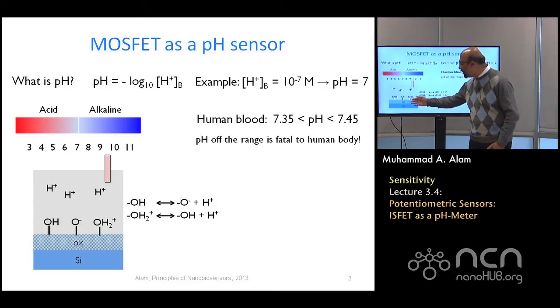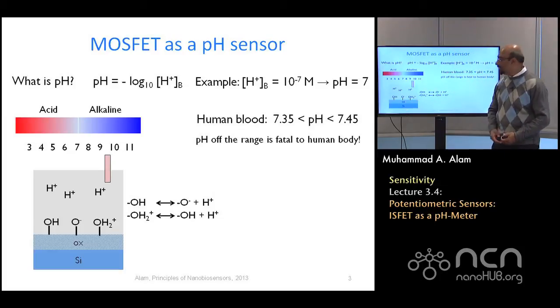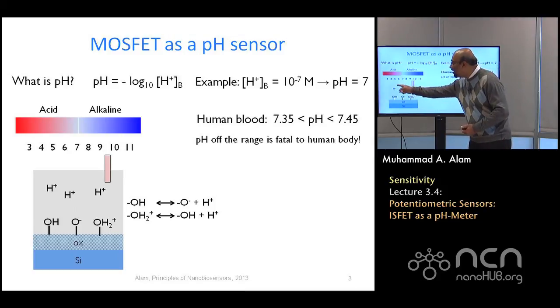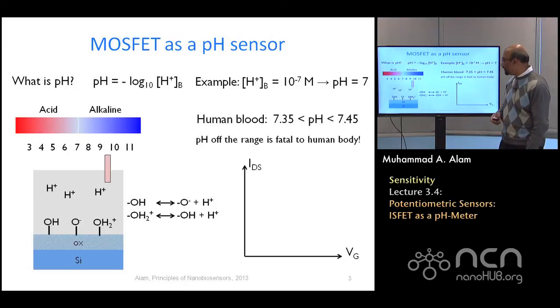If it protonates the surface on one OH group, that bond will become positive, the other can become negative, and so overall there will be a charge that can be felt by the sensor surface. And that is cleanly determined by simply the hydrogen concentration, or the potential of hydrogen, in the solution.